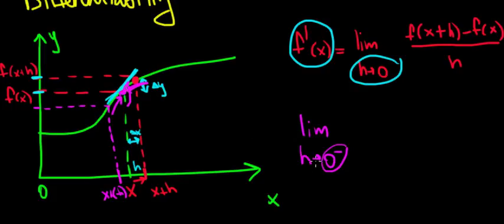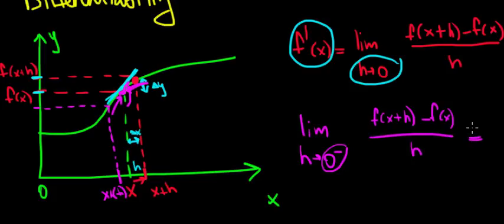So if the limit as h comes from the left side, that's why you say it's 0 from the negative side, because it means that the difference between x and the other point will be x minus 0.0001. So it would be a very, very small difference. Of this whole thing of f of x plus h minus f of x divided by h has to be equal to the limit when x approaches from the other side, when the difference between x and the other value is a very small positive number, 0.0001.